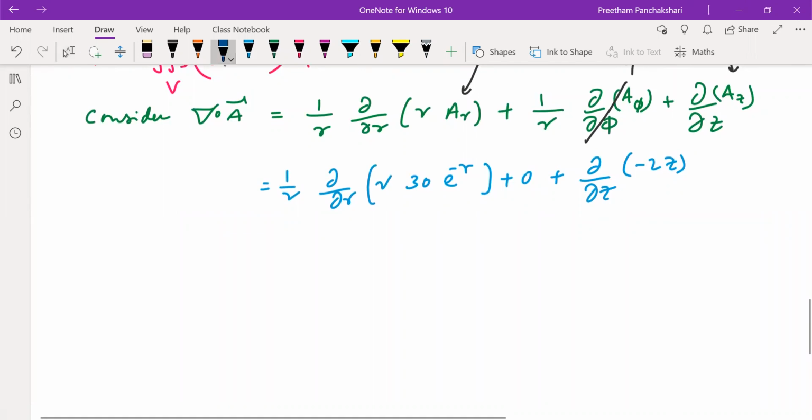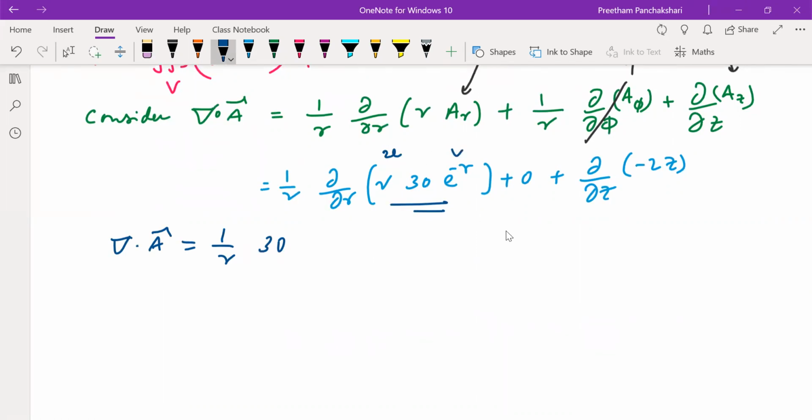So now del dot A equal to 1 by r. 1 by r is outside the differentiation, so no change. Here we have to be careful, 30 is constant. And we have to differentiate r into e power minus r. So we can use product rule, that is UV method, differentiation of UV product rule.